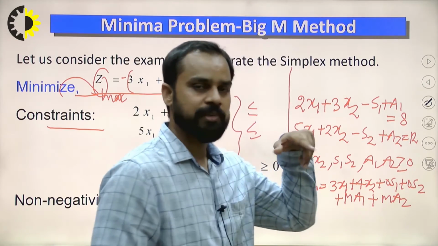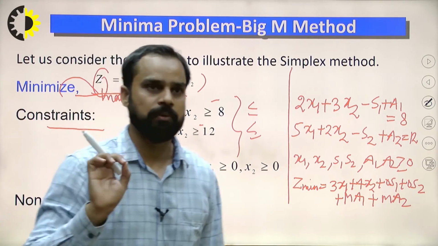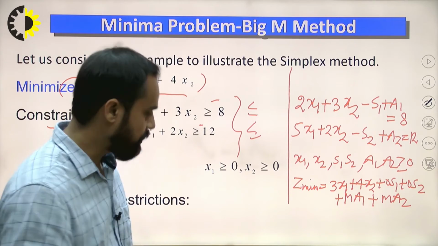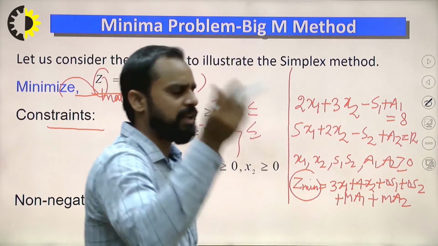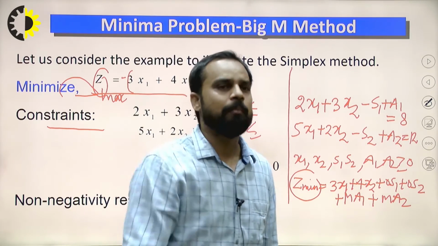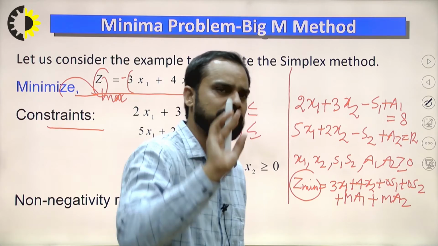In case of maximization, we would take the negative sign, minus Ma1 minus Ma2. Now, since the problem is minimization, we take the plus sign. We want to convert this problem into maximization because we have practice solving by the maximization technique. We can also solve with the help of minimization.